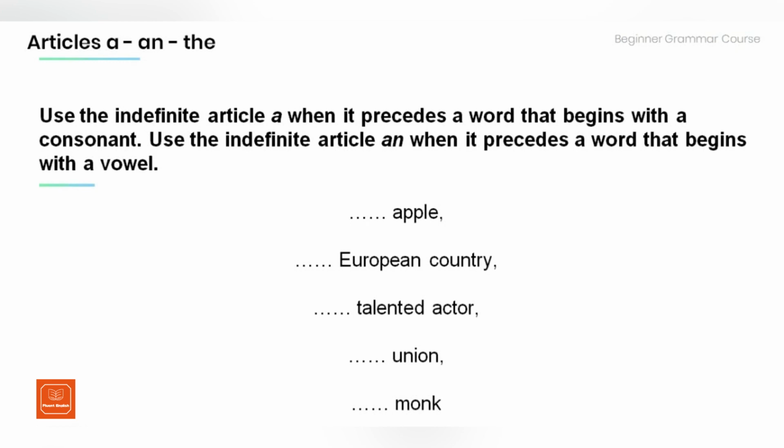Apple, an apple. European country, a European country. Talented actor, a talented actor. Union, a union. Monk, a monk.